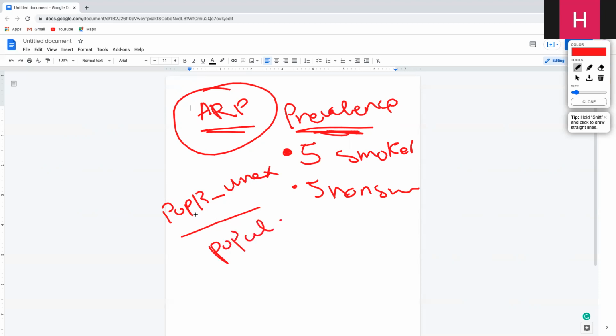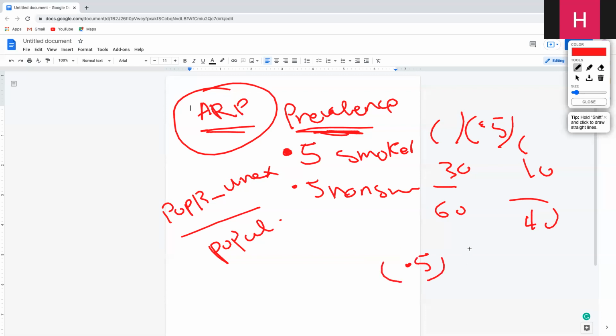But when you calculate the population risk among smokers and non-smokers, which in this example we said 30 divided by 60 for the smokers and 10 divided by 40 for the non-smokers, you will multiply the smoker risk times the prevalence of the smokers. So this number, let's say it is 0.5, you will multiply it by the prevalence of the smokers.